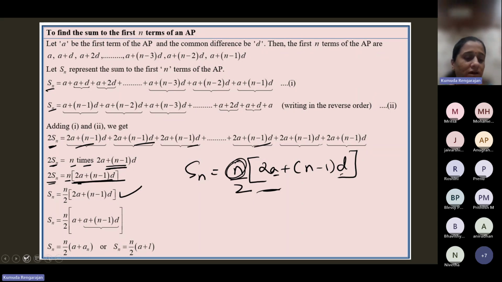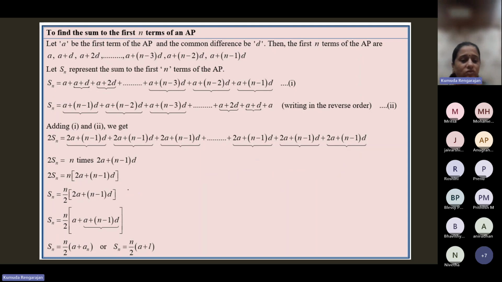Now, this formula can be interpreted in a different way. Sn is equal to n by 2 of 2a plus n minus 1 into d is the formula. Now, you can interpret this formula like this. Write 2a as a plus a, and then n minus 1 into d as it is.